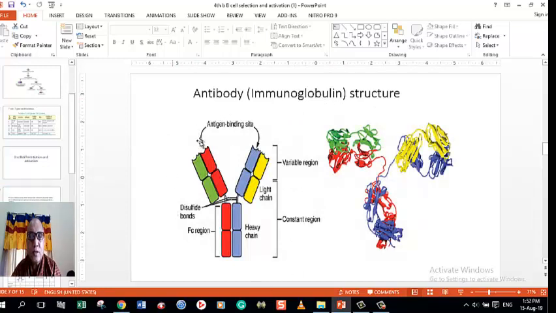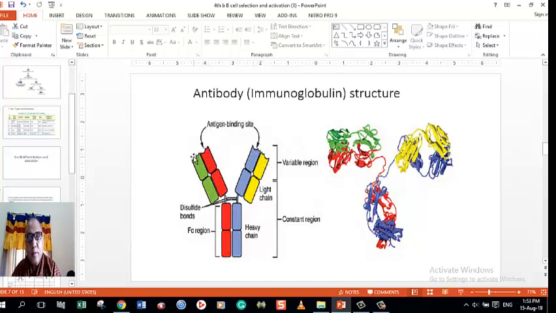In the structure of the antibody, you are going to see there are 4 chains of proteins: 2 long inner chains, and 2 short side chains. The first four proteins are the variable regions, 1, 2, 3, 4.